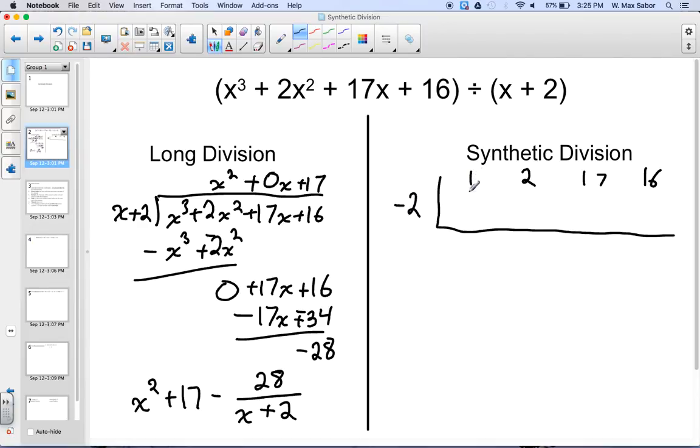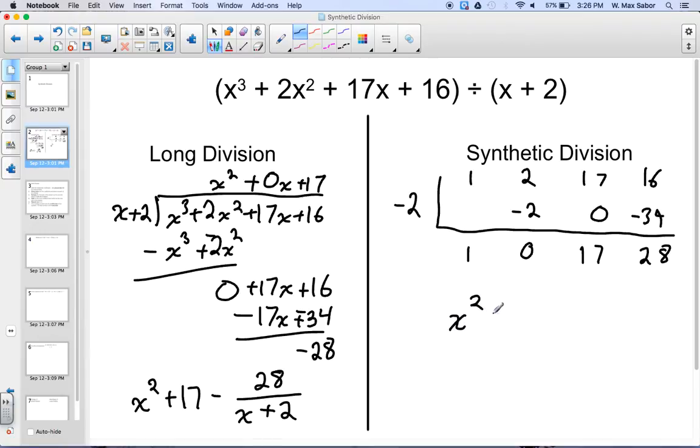Then the process is to bring down the coefficient, multiply these two together, and then add. Multiply, negative 2 times 0 gives us 0, add. Multiply, negative 2 times 17 gives us negative 34, and add. These are the coefficients of our final answer.